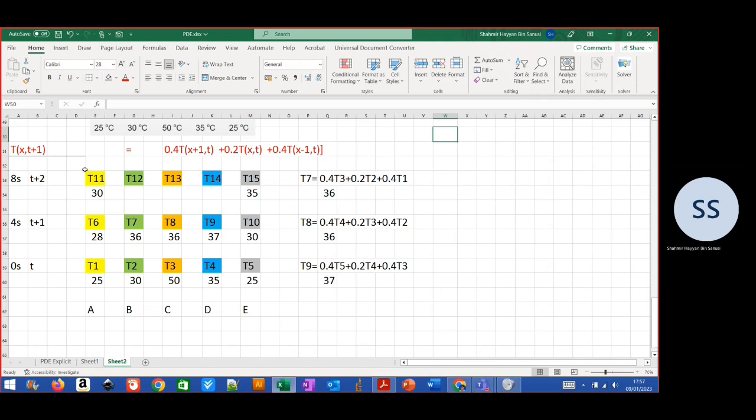So for the next time, which is T plus 2, same thing. T12 is actually 0.4 T8 plus 0.2 T7 plus 0.4 T6.